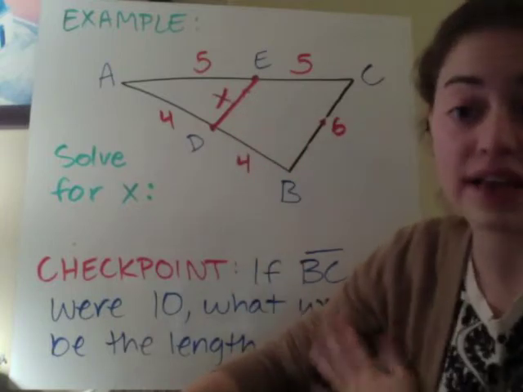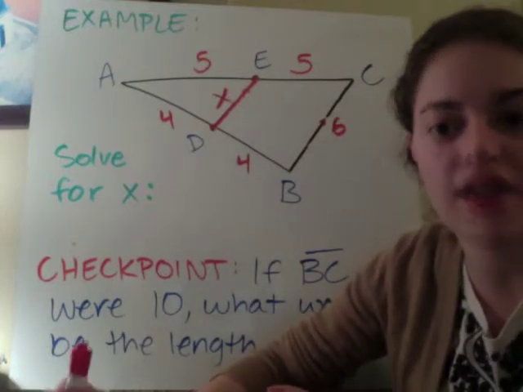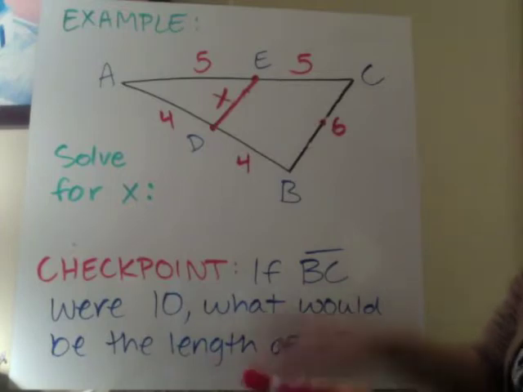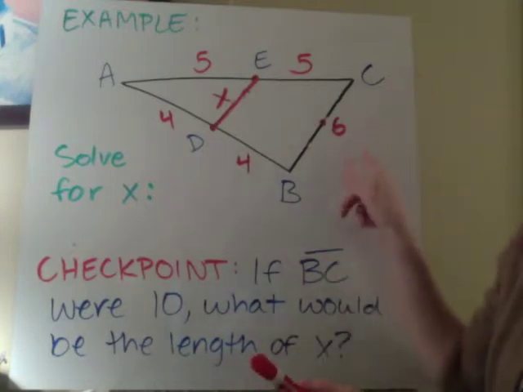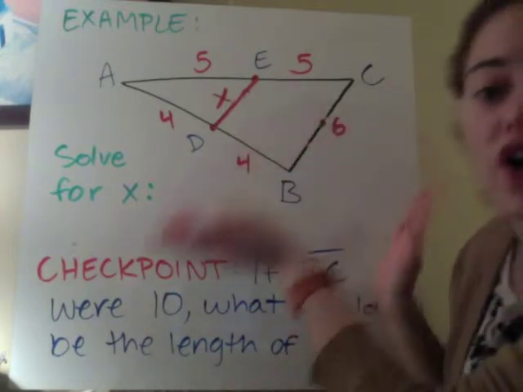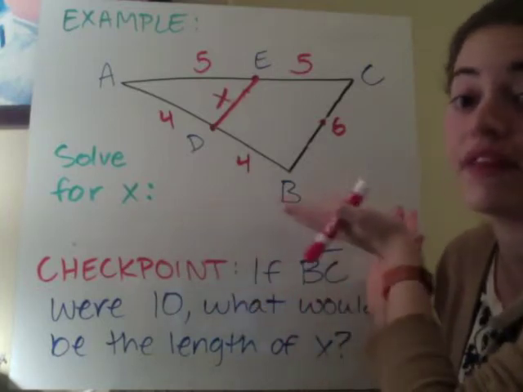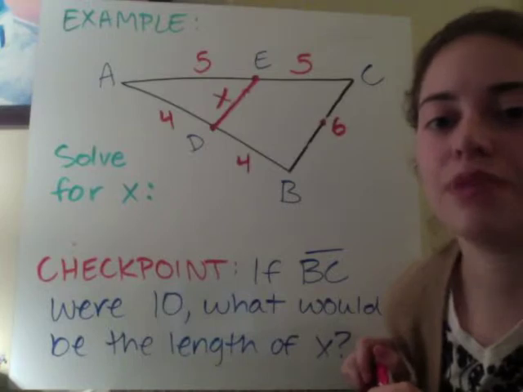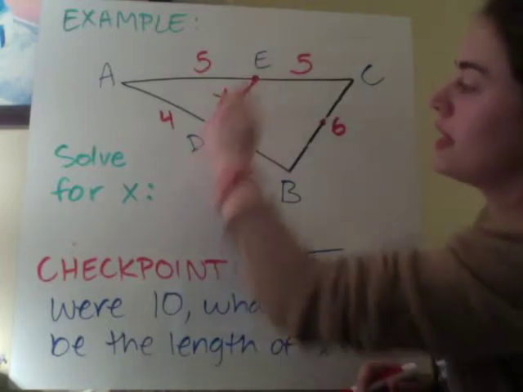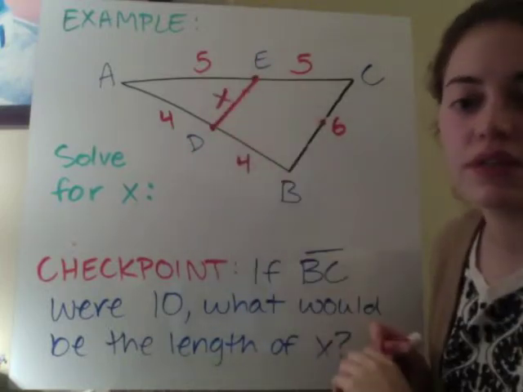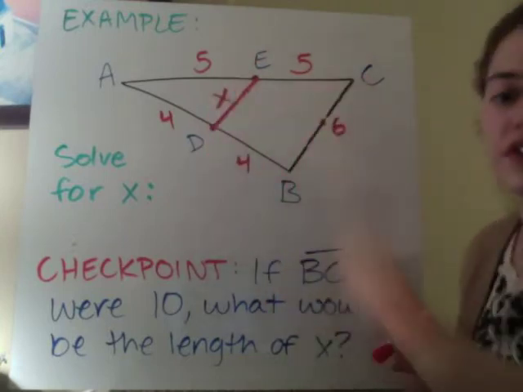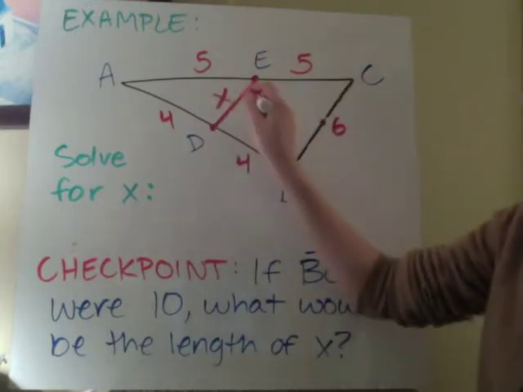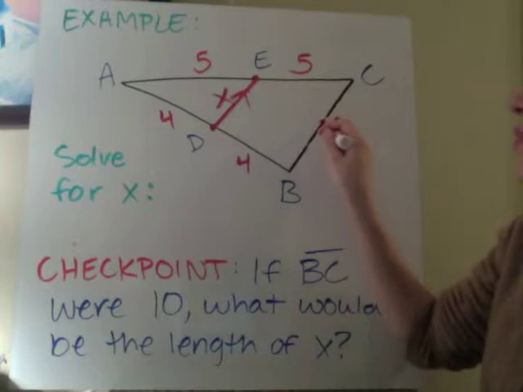I've labeled it as x. I'm trying to figure out what is the length of that midsegment. I also know that BC has a measure of 6. So that's all I've gotten so far from just reading the figure that I've been given. And the Triangle Midsegment Theorem tells me that the midsegment connecting the 2 midpoints is parallel to the third side, the side it's not interacting with, so I can go ahead and draw the parallel symbol.